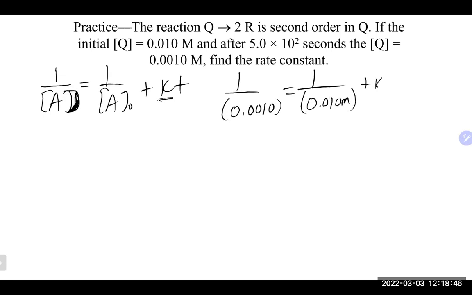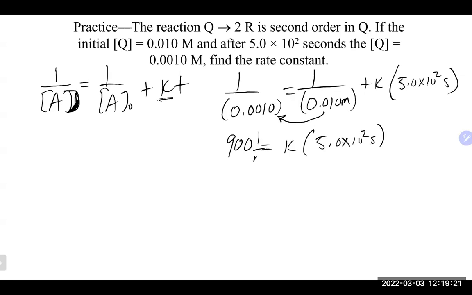And our k we're looking for, and our time here is 500 seconds. At this point, I'm going to take 1 over 0.001, and then subtract 1 divided by 0.01 from it. I did the left side and then subtracted this to the other side, which gets you 900 is equal to k times 500.